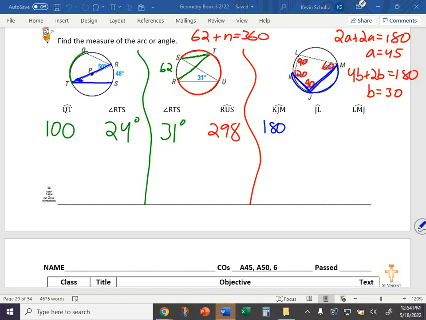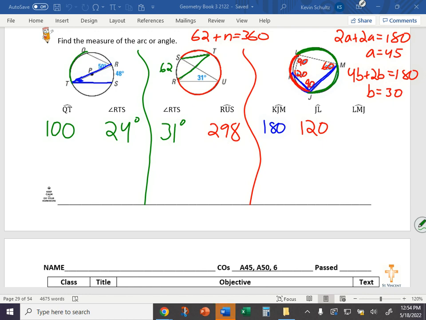Okay. Arc JL, which goes from here to here, is the arc created by the 60-degree angle, angle M. It'll be double that 60, which makes it 120. And then finally, arc LMJ, which being a three-lettered arc is the major arc, LMJ around there.